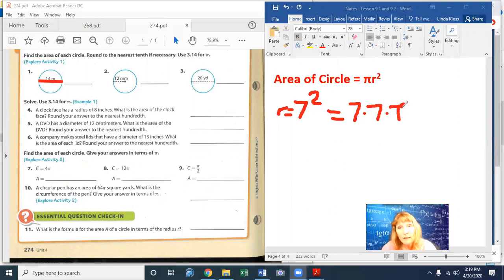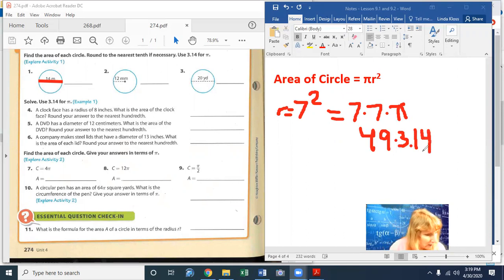So what is 7 times 7? 49 times 3.14. And on your calculator, if you do that, you should get 153.9 something. Let's do it.